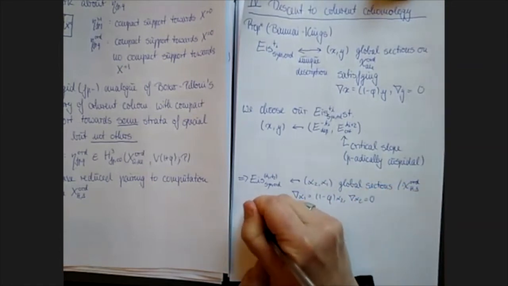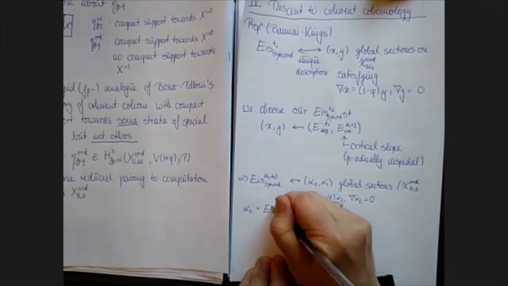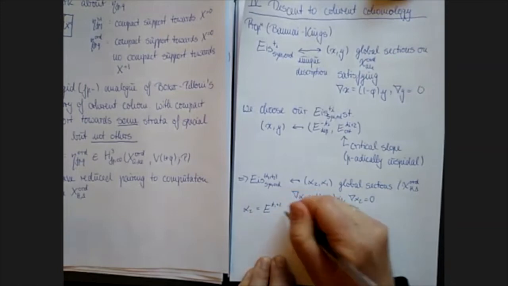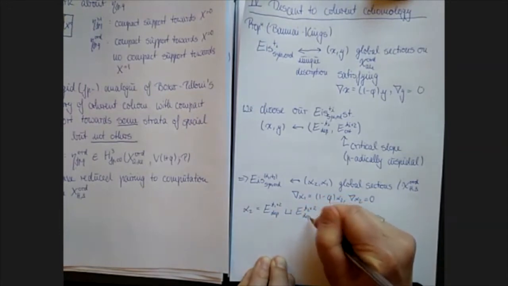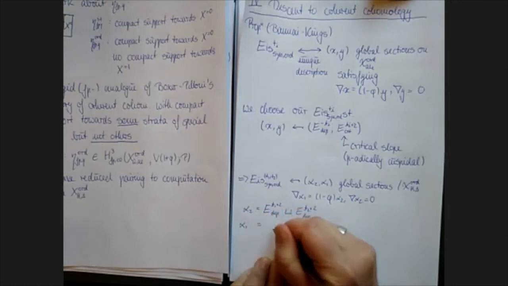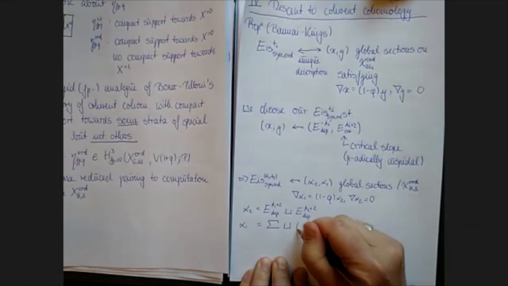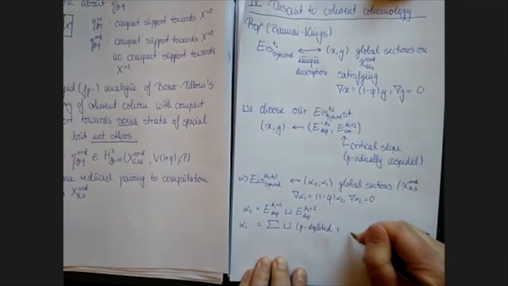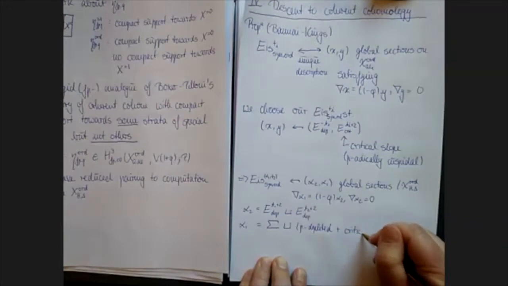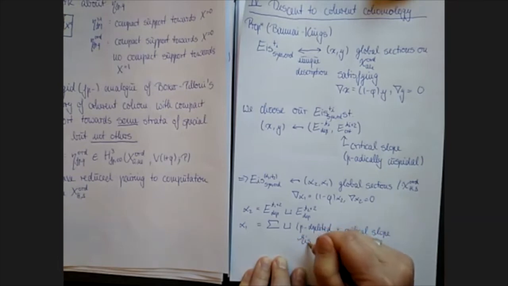And explicitly, alpha 2 is E_{t_1+2}, p-depleted, cup E_{t_2+2}, p-depleted. And alpha 1 is a sum of the exterior cup product of the p-depleted and critical slope Eisenstein series.